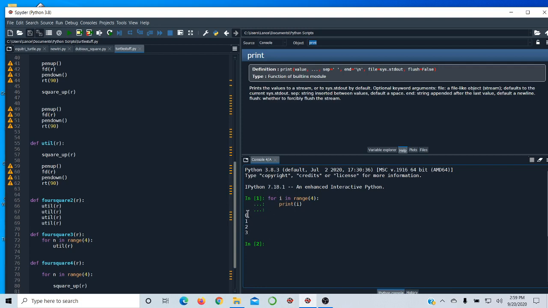So you'll notice that this is 4 things, which is what we wanted, but this range 4 thing is something you're going to have to get used to.